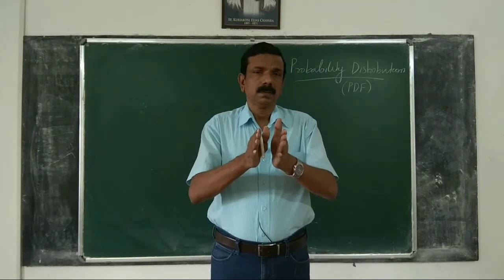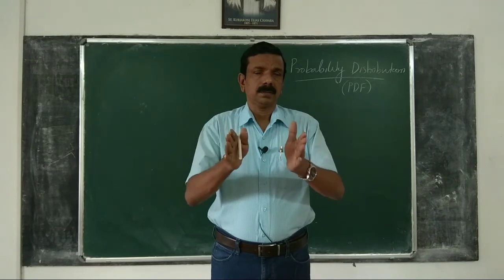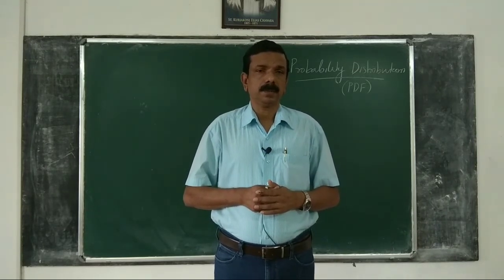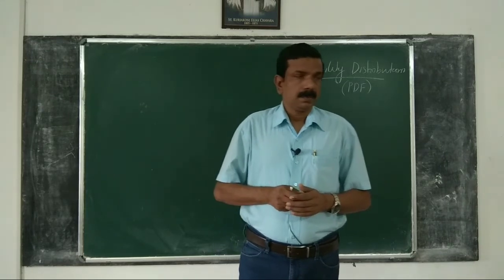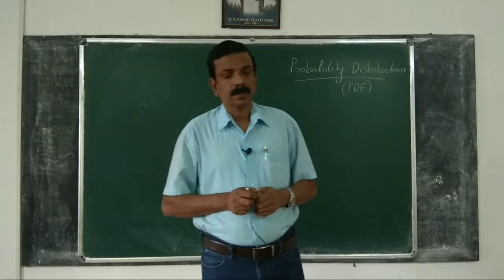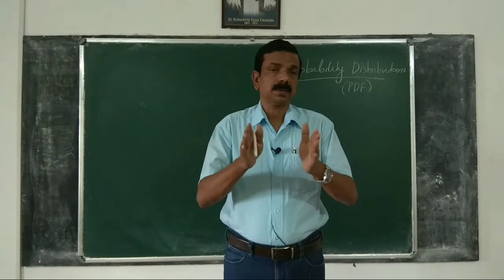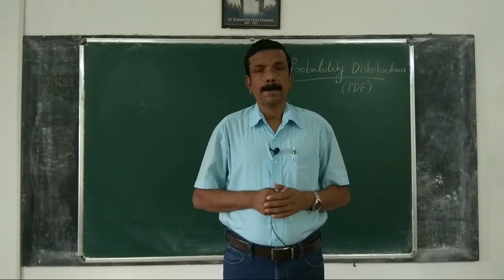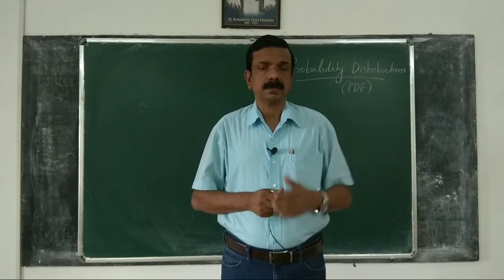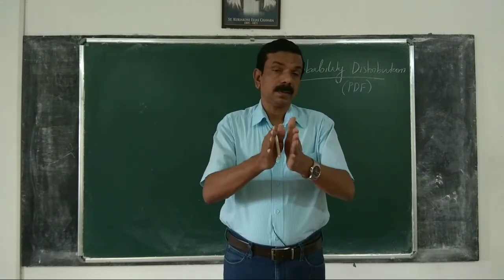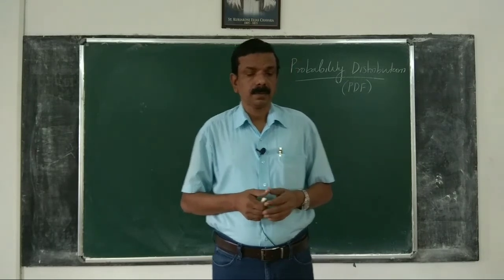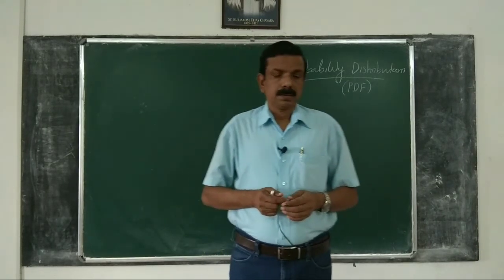Anyway, we simply say the probability distribution function of a random variable. We first consider the probability distribution function of a discrete random variable, and then the probability density function of a continuous random variable. Remember this.